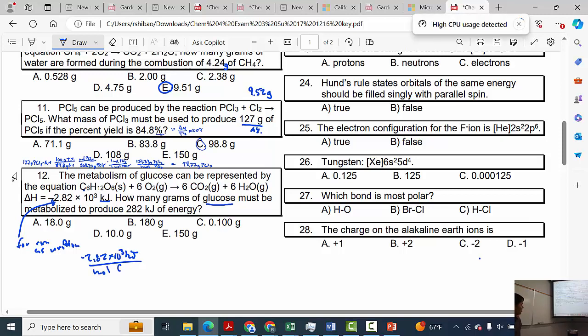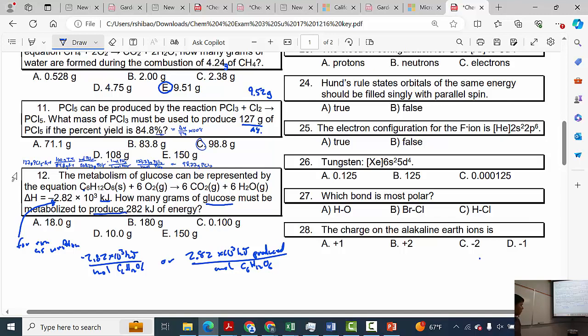And therefore, we're interested in the glucose. So this is going to be minus 2.82 times 10 to the third kilojoules per mole of glucose, C6H12O6. Or what we could say is it's 2.82 times 10 to the third kilojoules produced per mole of glucose.